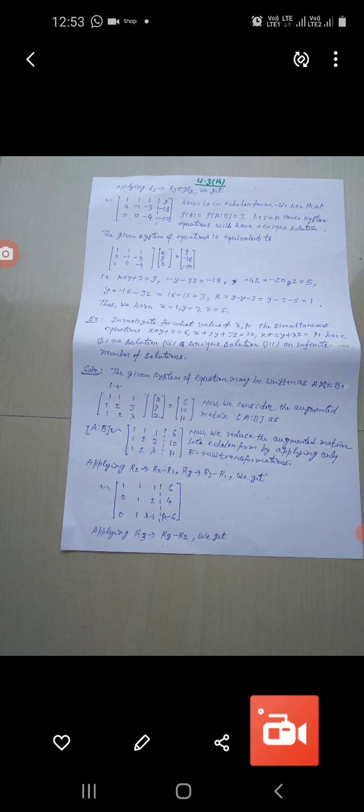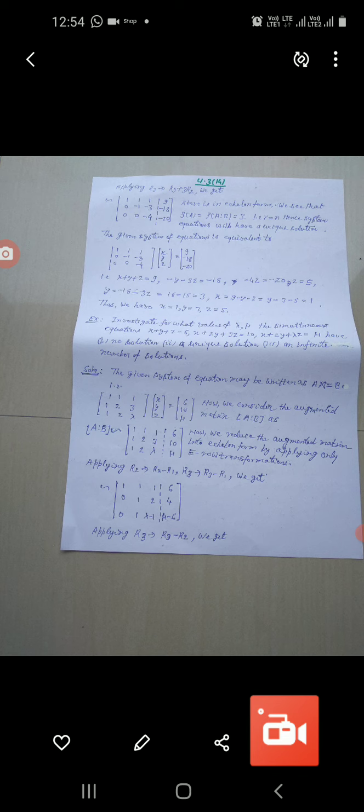Thus we see that x equal to 1, y is equal to 3, and z equal to 5. And check your answer whether it is right or wrong. So put these values in the given equations, and you will find that these values satisfy the equations.